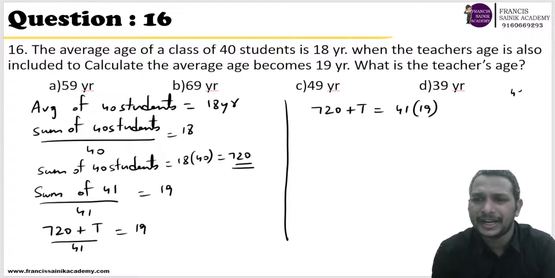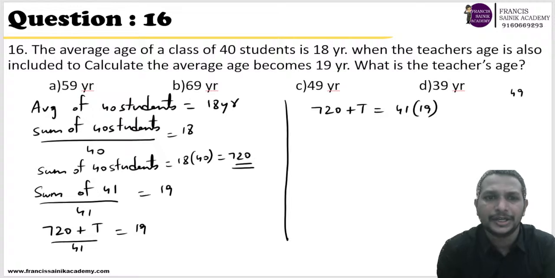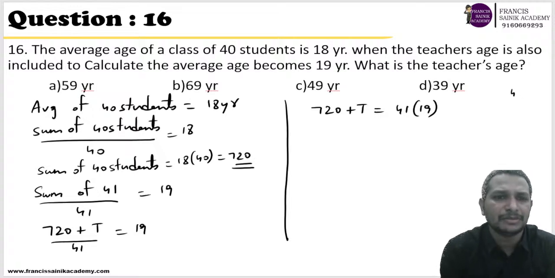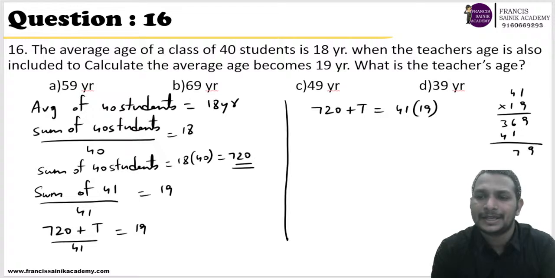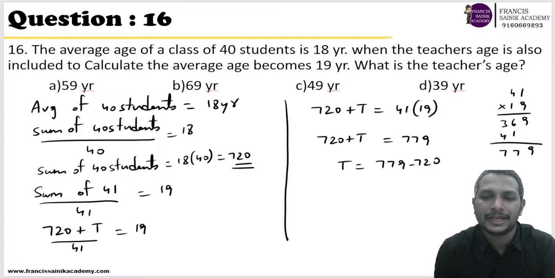41 times 19, how much do we get? We do the multiplication part. 41 into 19 is 779. Then the age will be 779 minus 720, which is 59 years.